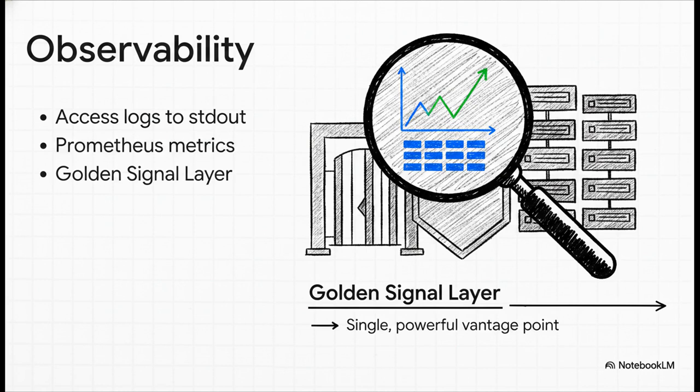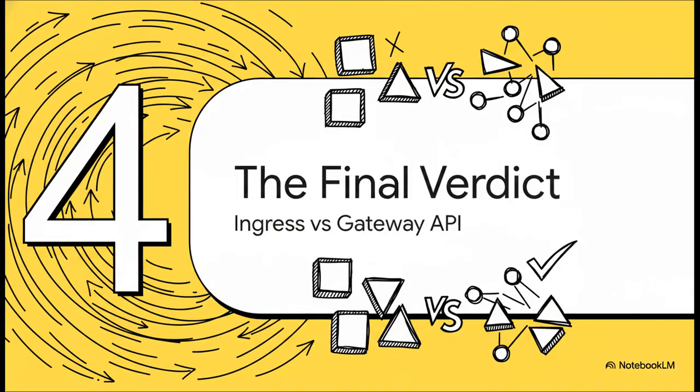This creates what's often called the golden signal layer right at the edge of your cluster. It's a single, unified observation point for all traffic, latency, and errors before it even touches your application code. Tail the logs of your gateway pod, and you'll see this beautifully structured stream of every single request flowing through your cluster.